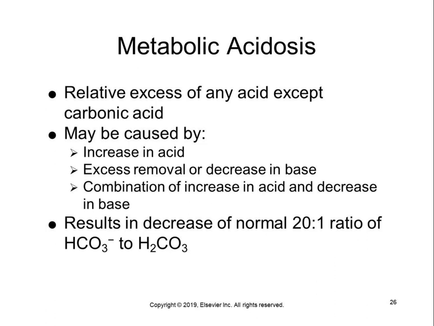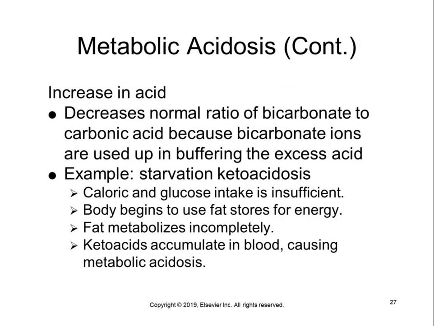in base, resulting in a decrease of the normal 20 to 1 ratio of bicarbonate to H2CO3. Increase in acidity decreases the normal ratio of bicarbonate to carbonic acid because bicarbonate ions are used up in buffering that accepts acids.